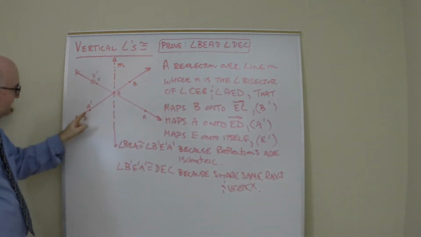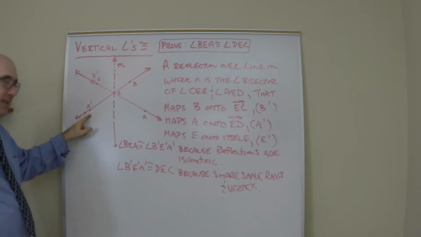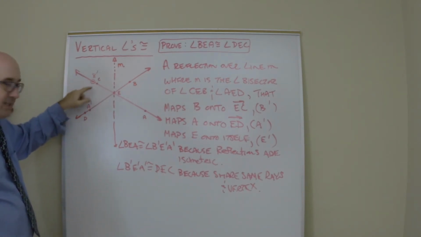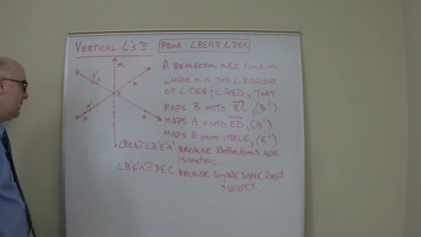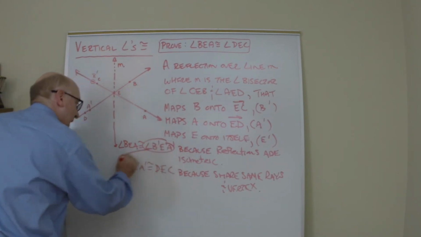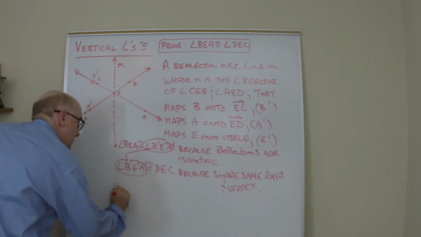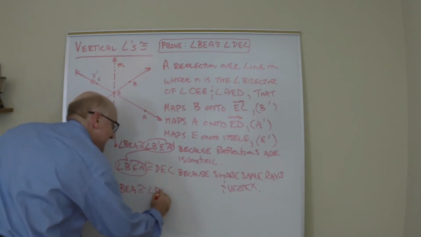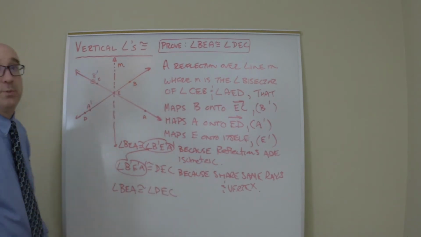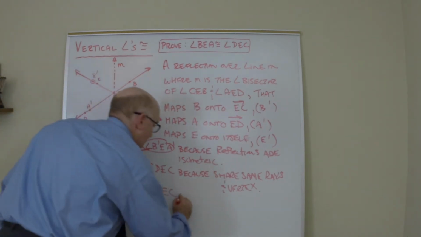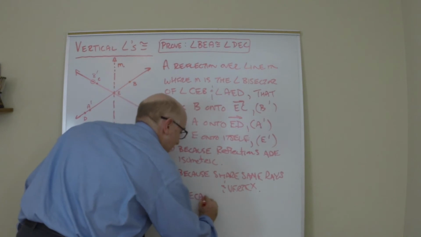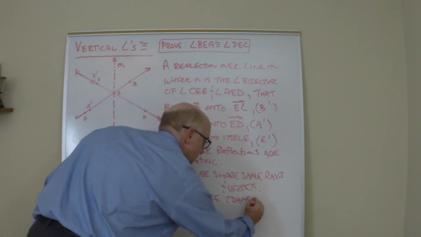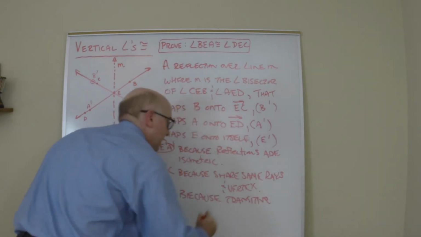What I'm saying is, look, A prime and D are on the same ray, E and E prime are the same, B prime and C are on the same physical rays. Therefore, using our transitive argument, BEA is congruent to DEC, just as we wanted to prove, because of the transitive property of equality.